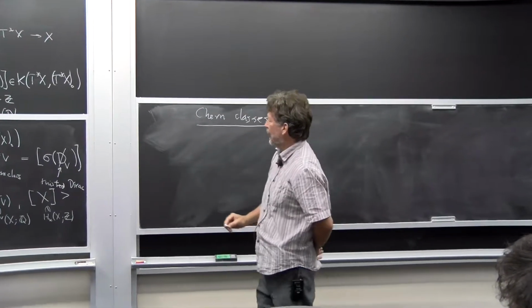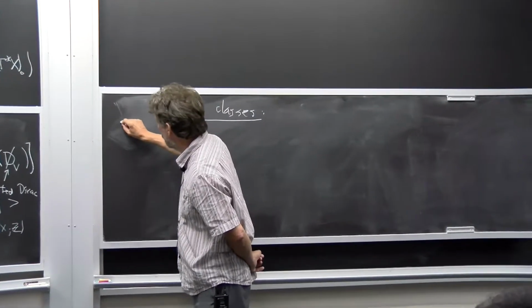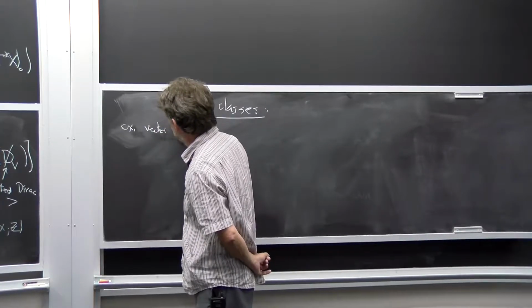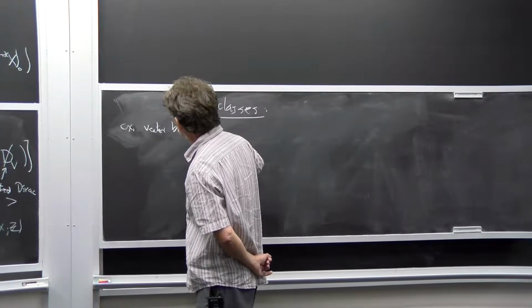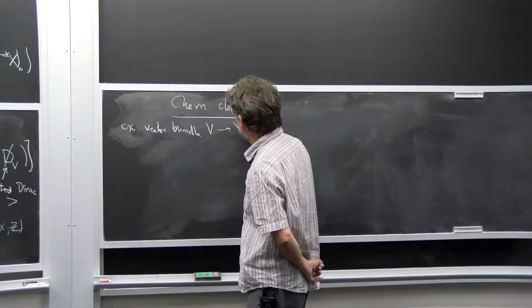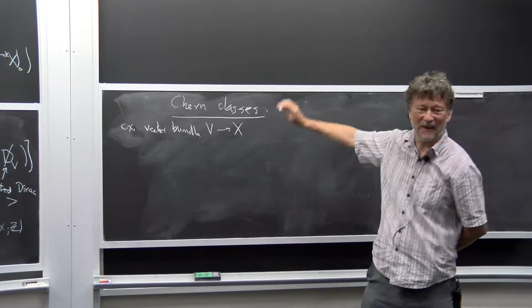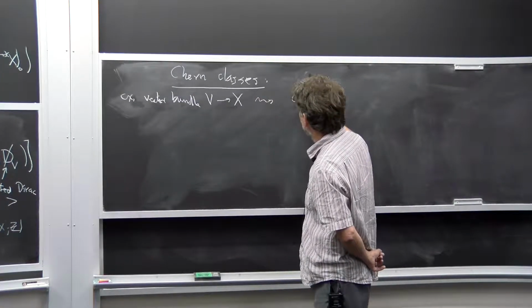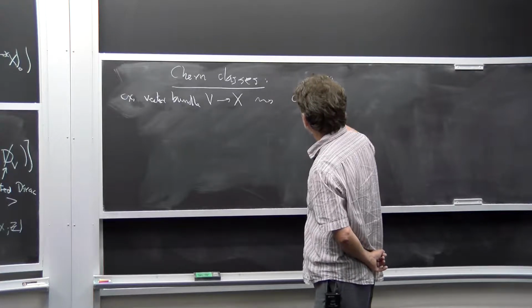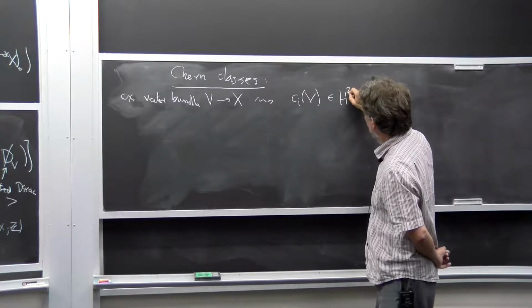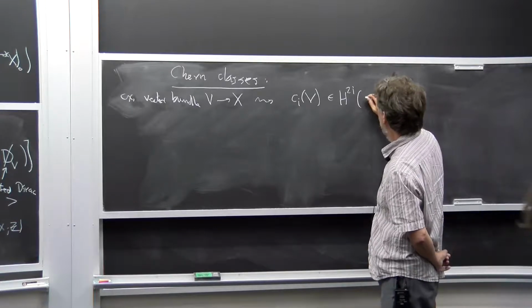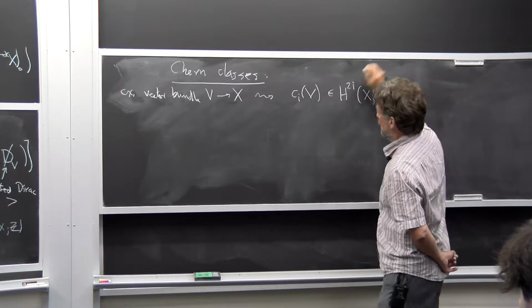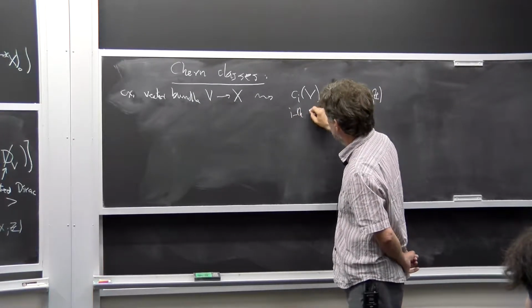Well, it's the following thing. I start with a complex vector bundle V over some space X. This is any topological space X, so this is not a closed manifold. Then you can produce Chern classes. The ith Chern class of this vector bundle V is in the 2ith cohomology of the base space X, with coefficients in Z. That is called the ith Chern class.